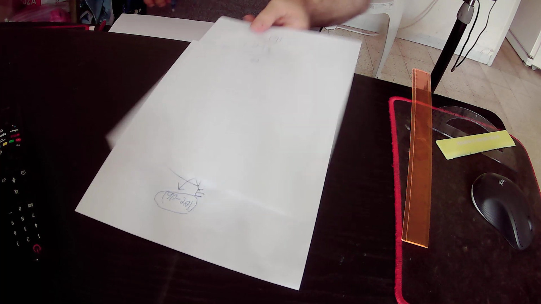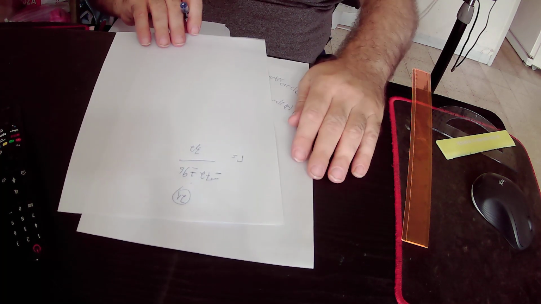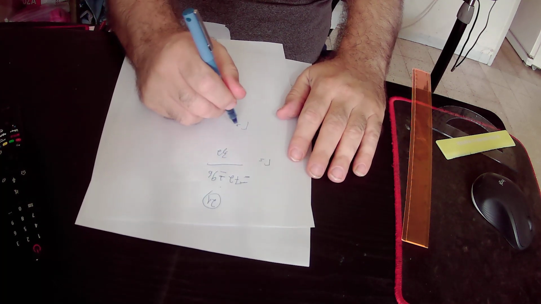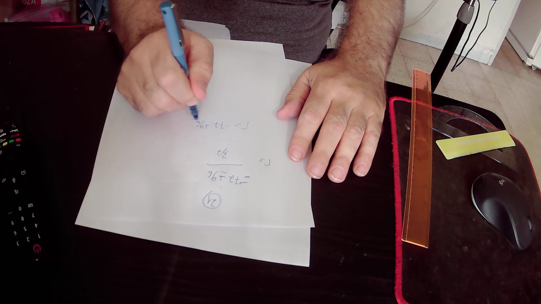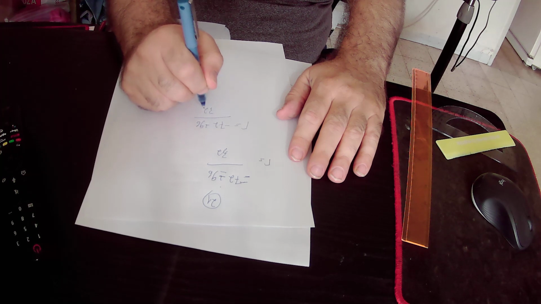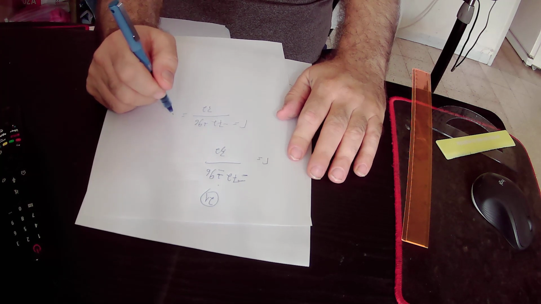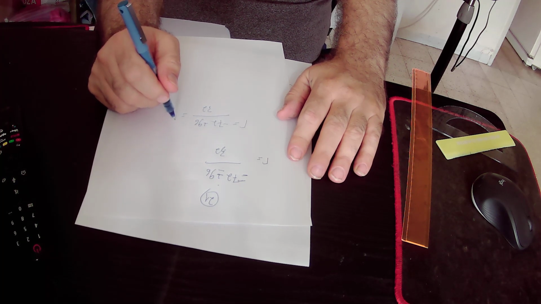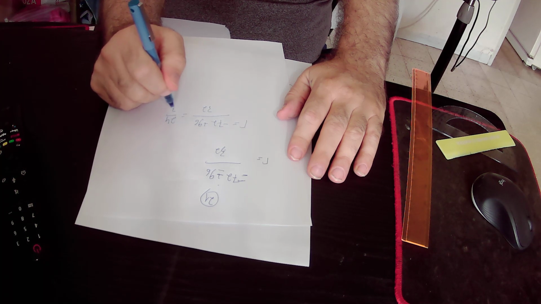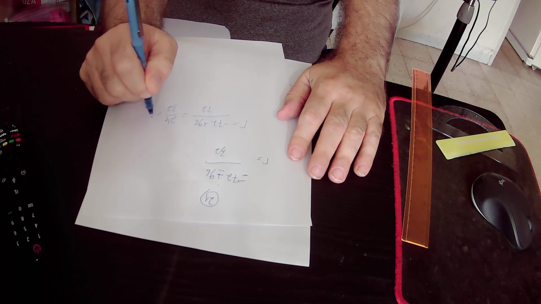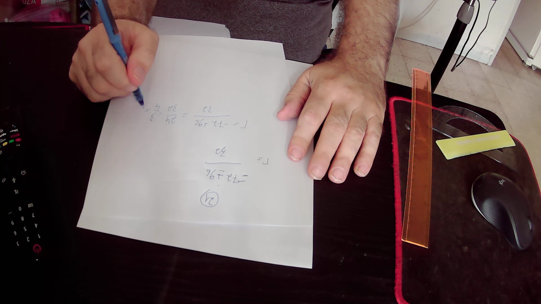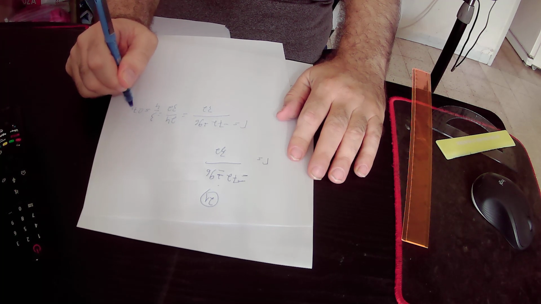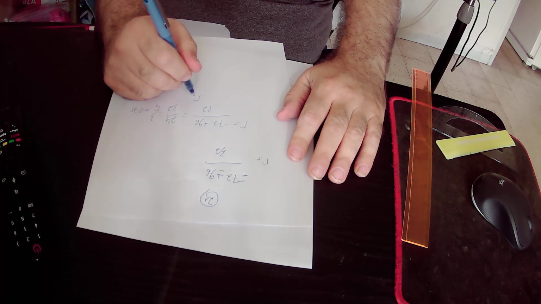So the first solution will be R equals minus 72 plus 96 over 32. 96 minus 72 is 24. 24 over 32 is 3/4, or 3 over 4, or 0.75 units, okay?